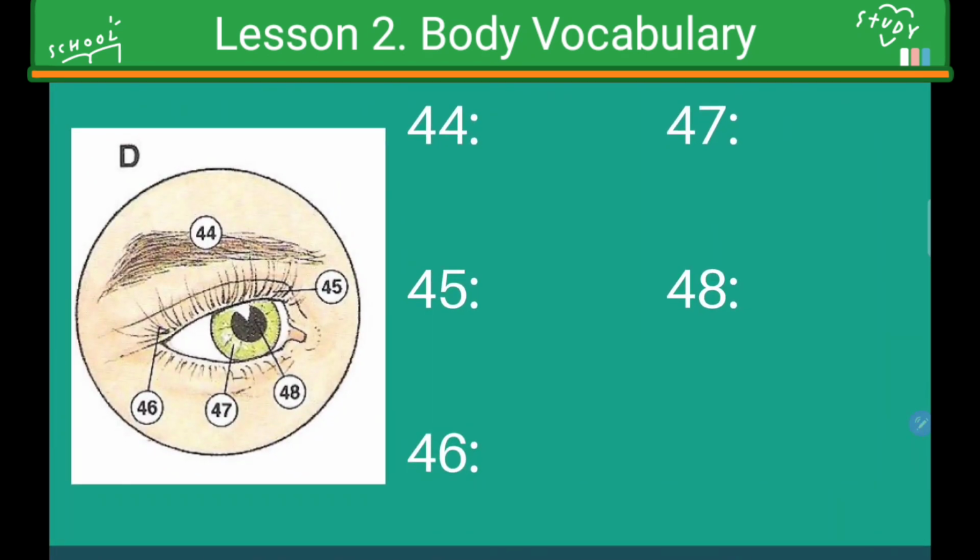And the last part of today's lesson is our eye. Okay, number 44. So that's those little hair that grow on top of our eyes. We call that eyebrow.